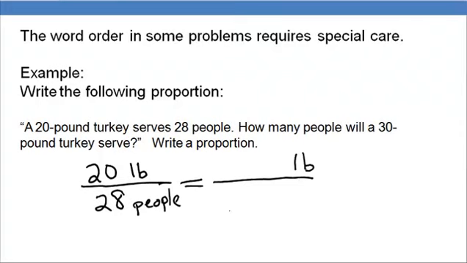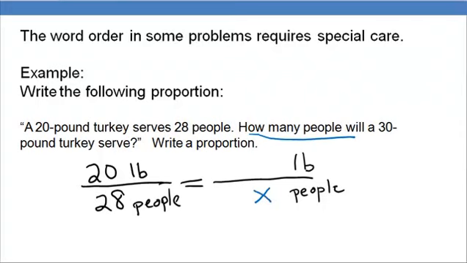The numerator needs to be pounds of turkey and the denominator needs to be people. Sometimes they will rearrange the second sentence, and in this case they did. They are saying how many people, and that should be down here. That's why you want the labels on first.